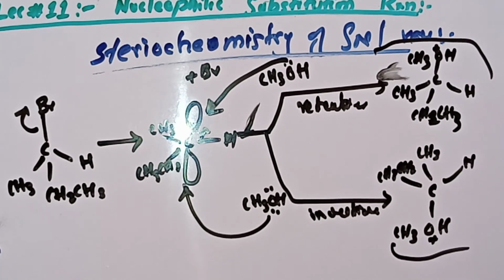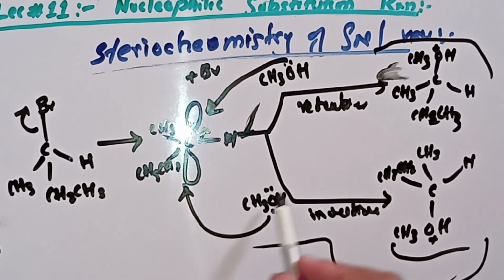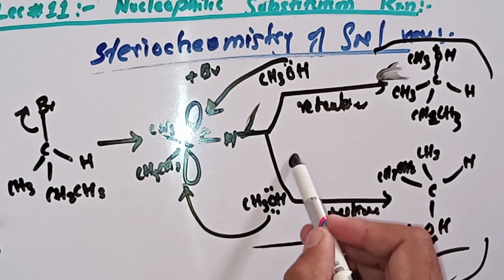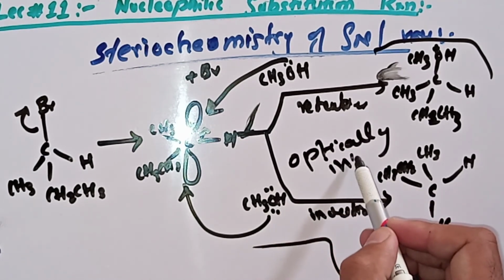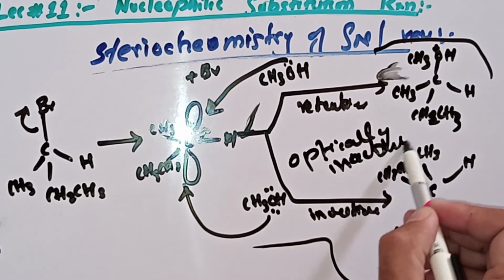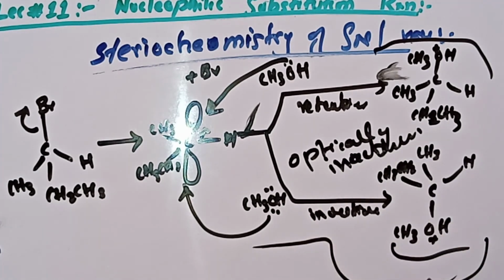That's why the product will be a racemic mixture, and the mixture will be optically inactive, because both are present in the same quantity, the same ratio of inversion and retention. So the net effect on plane polarized light is not affected by either retention or inversion, and the net result will be 0.